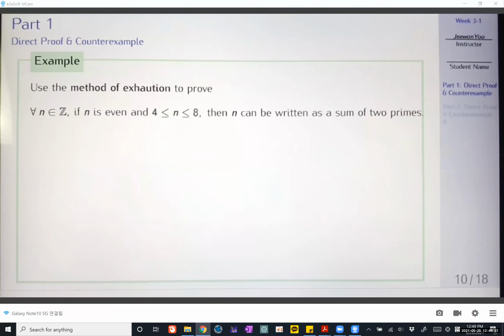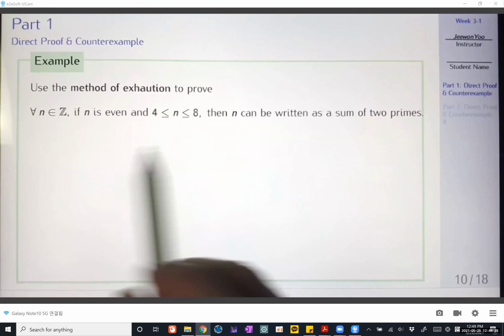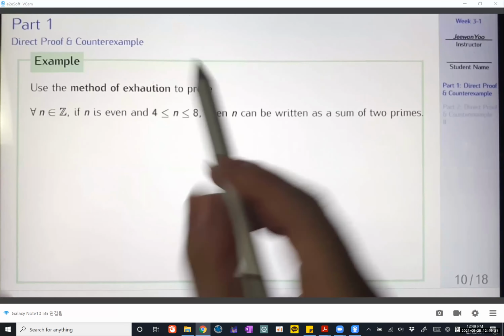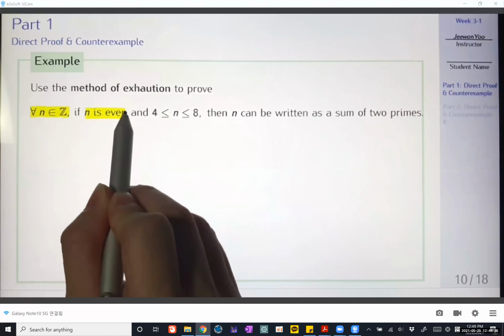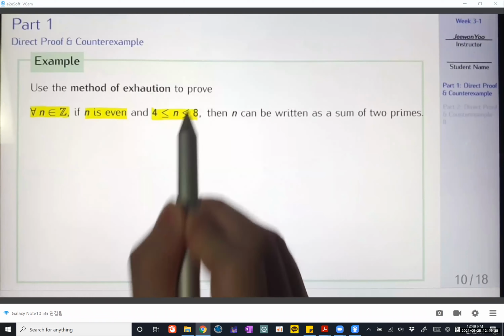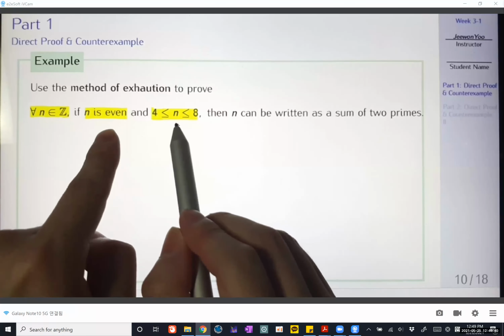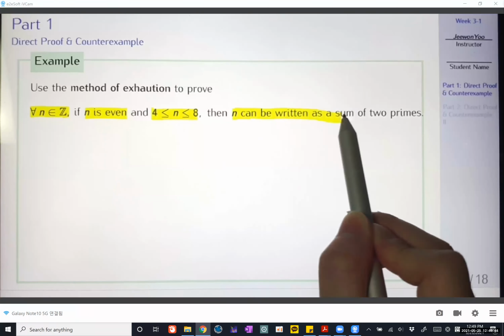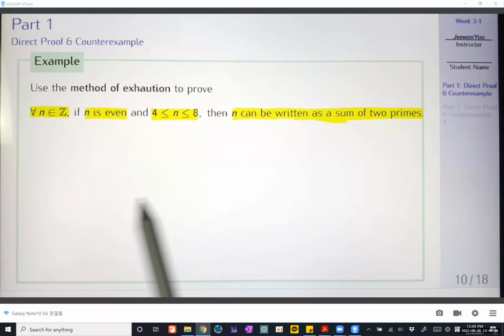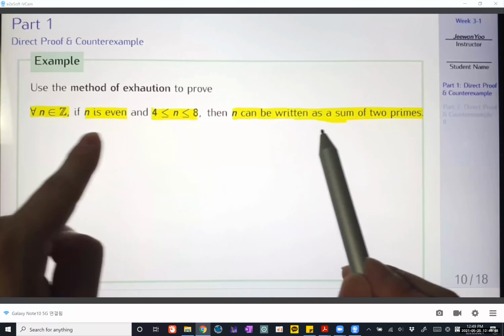The question is, use the method of exhaustion to prove the statement for all n in Z, if n is even and n is between 4 and 8, then n can be written as a sum of two primes. We did a similar problem before.